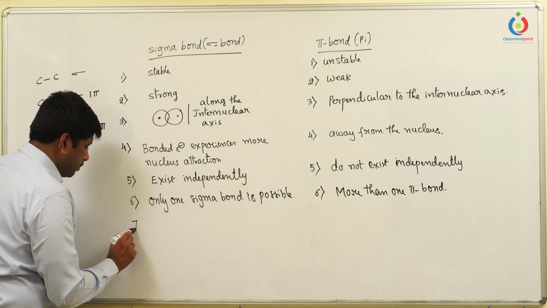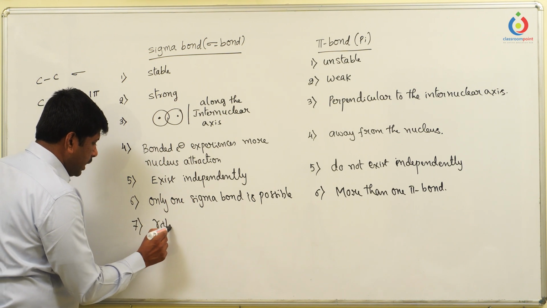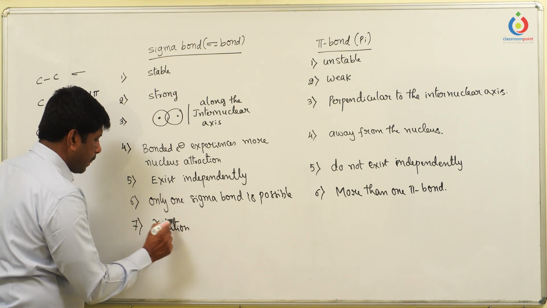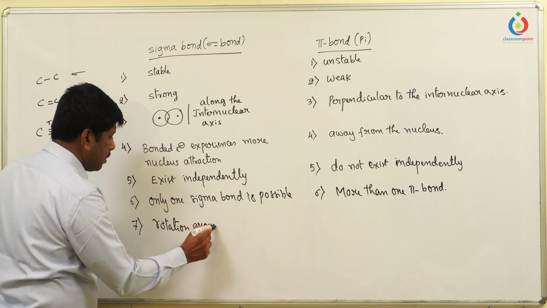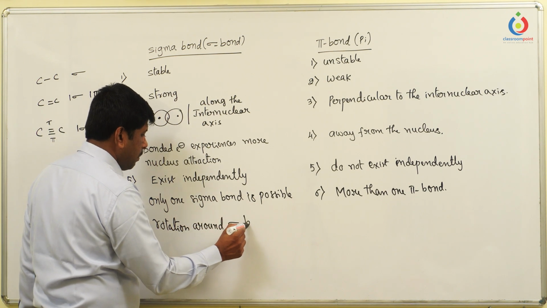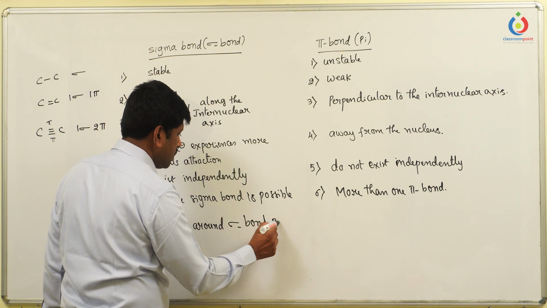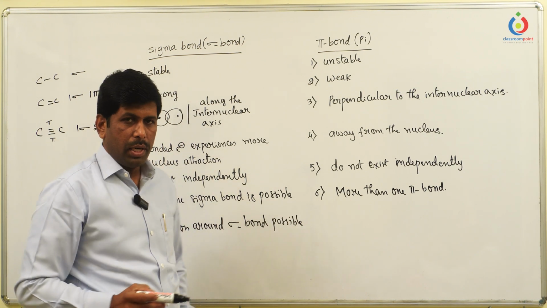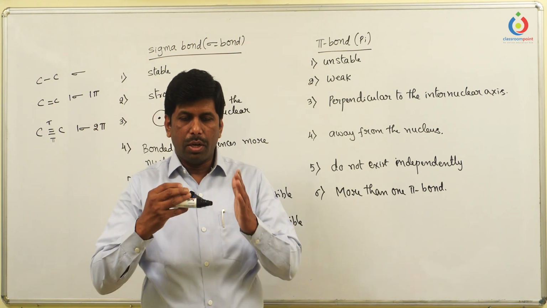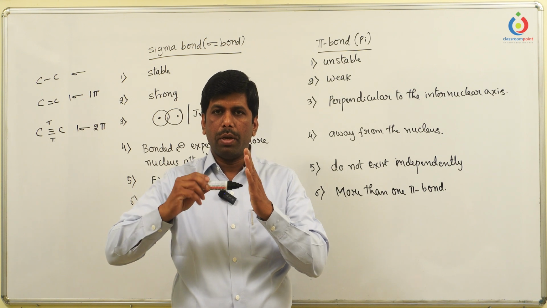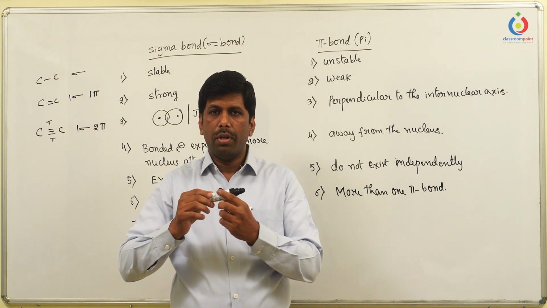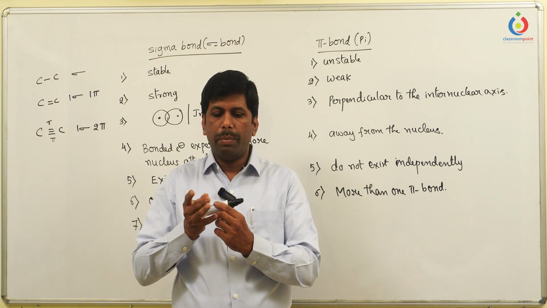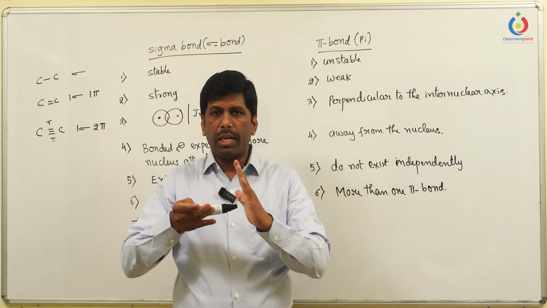And next, rotation around sigma bond is possible. If only one sigma bond is formed, then if atoms are located like this, we can rotate both of these atoms like this, up and down. So we can rotate the atoms, because a single bond can be rotated.